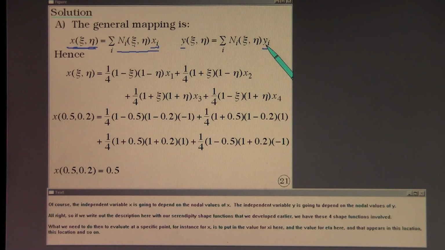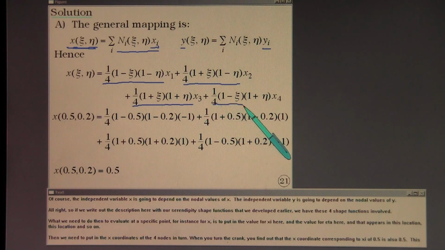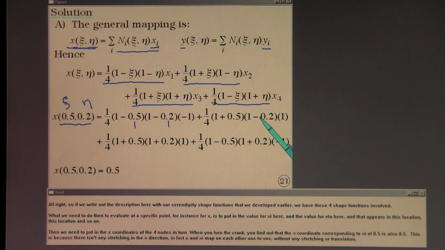Alright, so if we write out the description here with our serendipity shape functions that we developed earlier, we have these 4 shape functions involved. What we need to do then to evaluate at a specific point, for instance for x, is to put in the value for Xi here and the value for eta here, and that appears in this location, and so on.